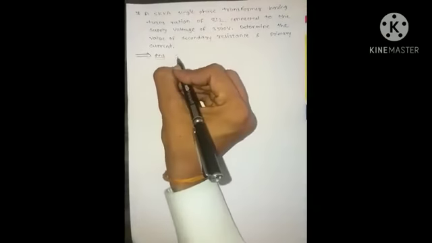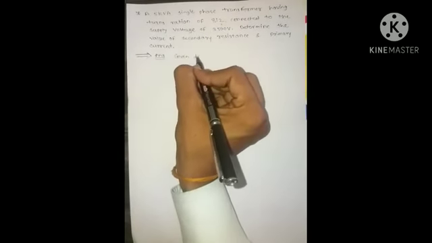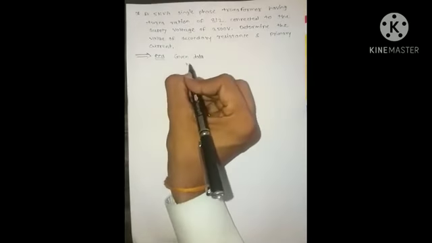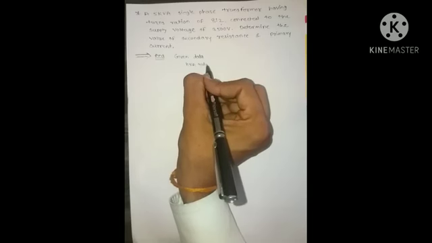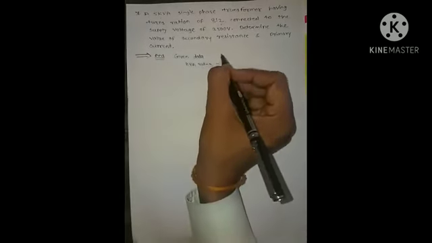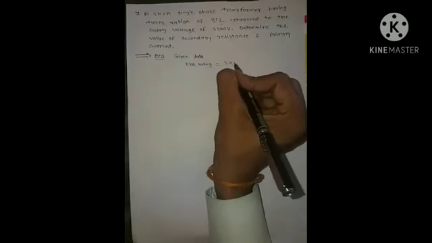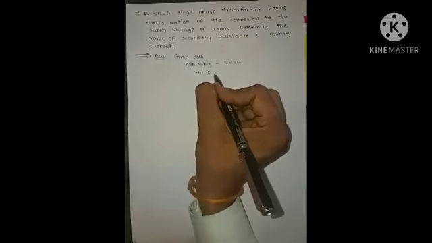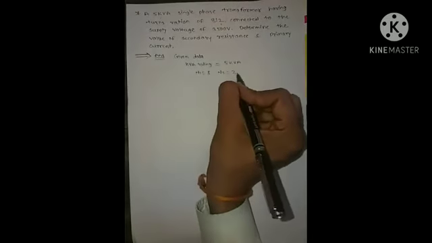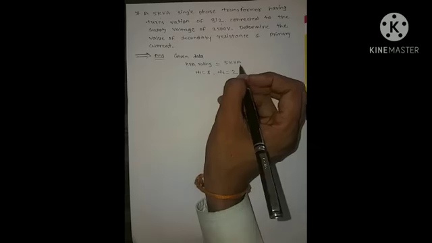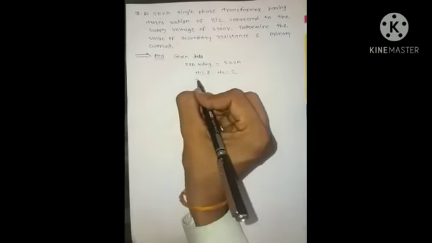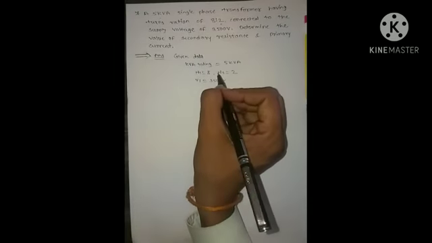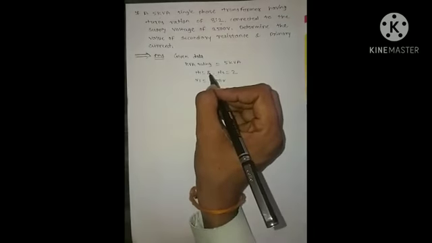So first of all we write here the given data, and the given data is kVA rating equals to 5 kVA and N1 equals to 8 and N2 equals to 2, because the ratio is given as 8 to 2, and V1 is given 3500 volt. So this given data is given to us.